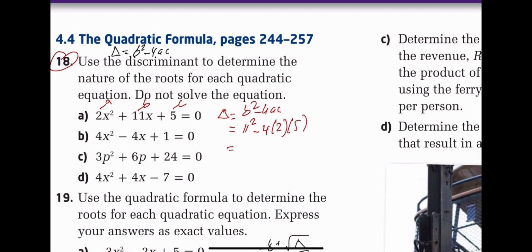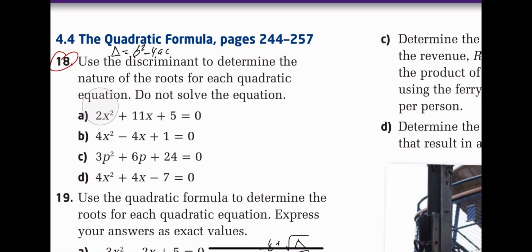So this will be equal to 121 minus 40, which is 81. Because my delta is greater than 0, we have two solutions, two roots.